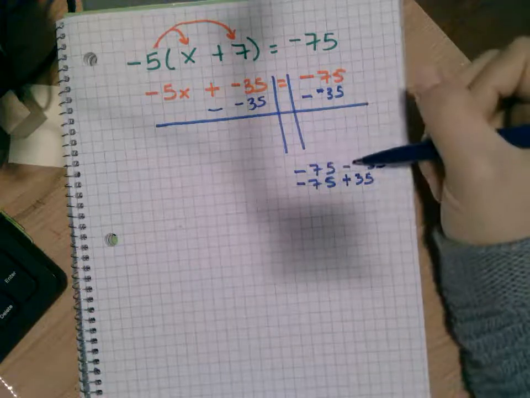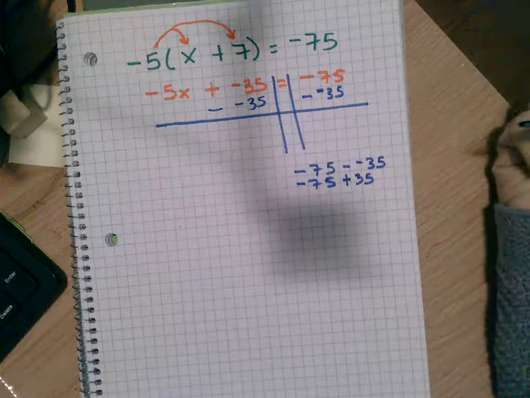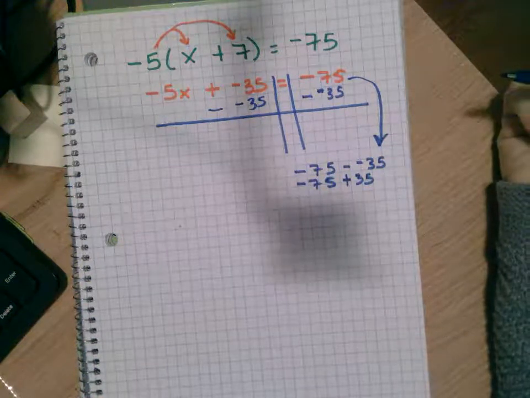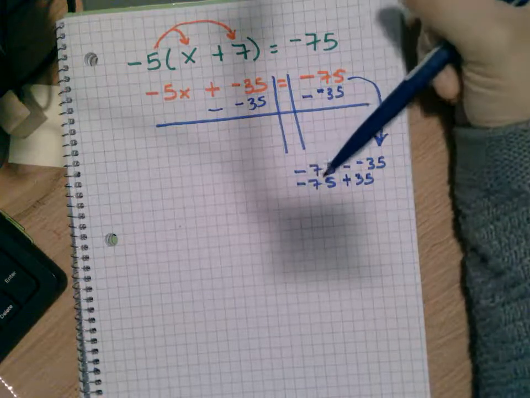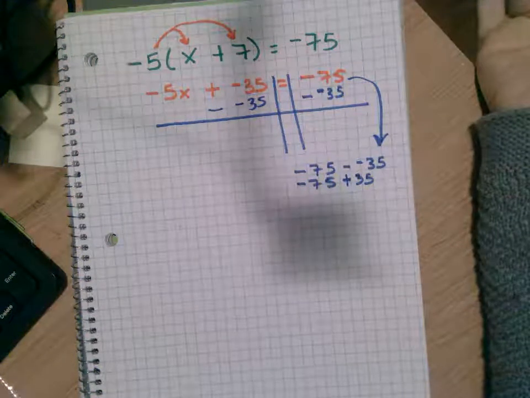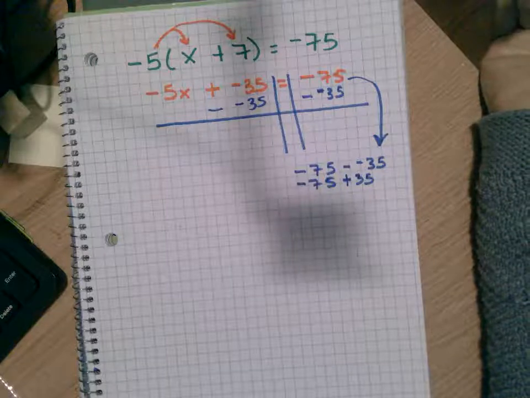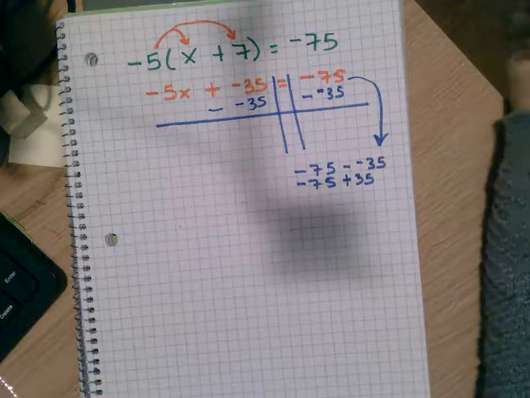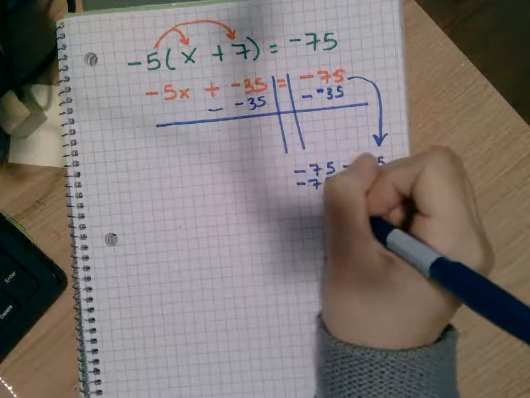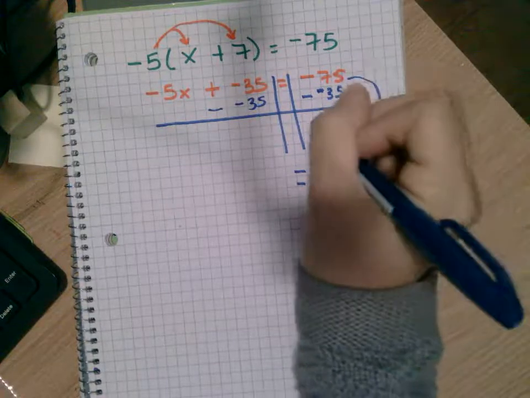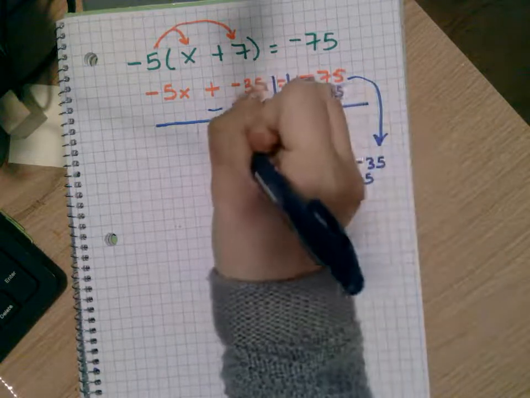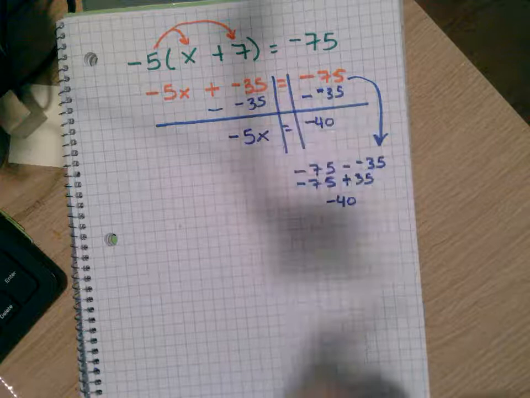So keep, opposite. That's for this part. Okay. So what's negative 75 plus 35? Paul, you got it right. So this would be negative 40. So then I write up here, negative 40 is equal to what's left on this side, negative 5x.